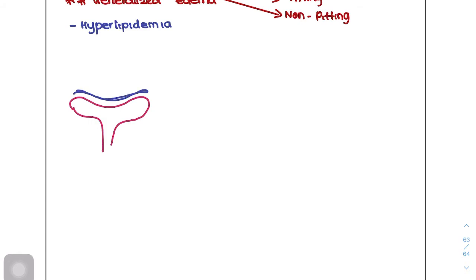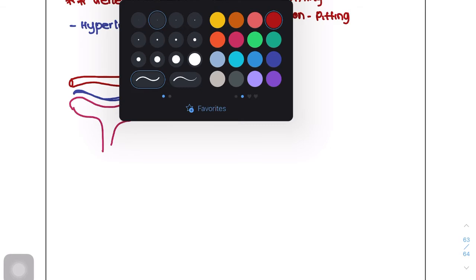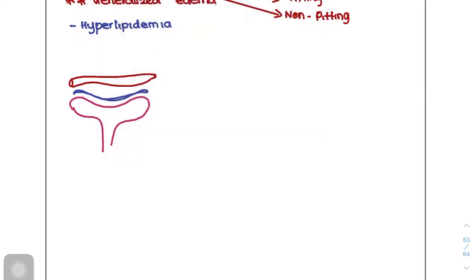This is the basement membrane, and we have the blood vessels. So first situation is slight damage. I will use a plus here, that is to say slight damage.